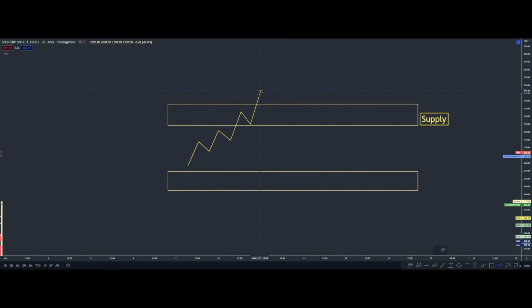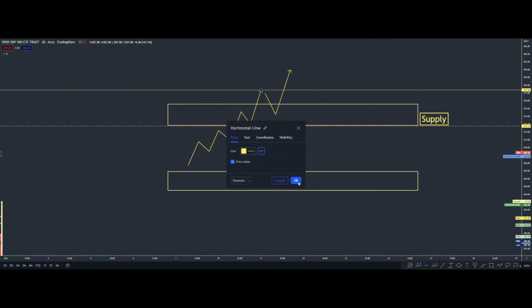And then again, like we were talking about with demand, this time we're looking for a retest, a pullback, and then ultimately something wicks out, maybe closes back out of the zone. Let's do this, and then let's do this, and then we're looking for that breakout, or we're looking to play the retest.